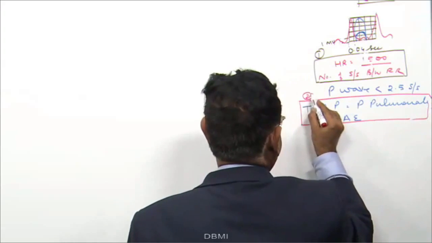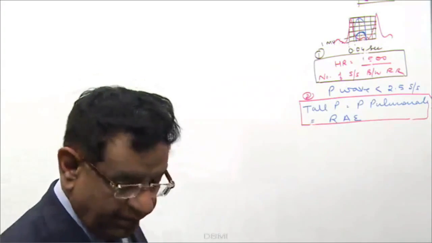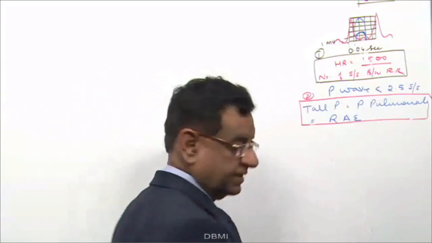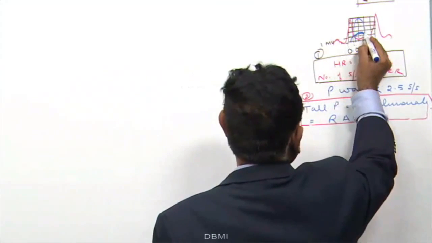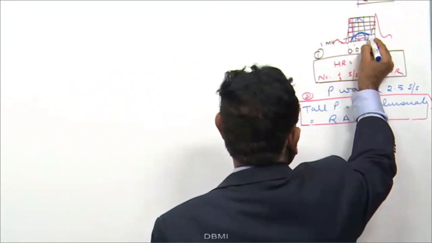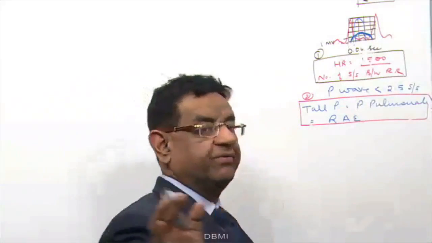And suppose you get a P wave like this. Height is normal, but it's a wide P wave.